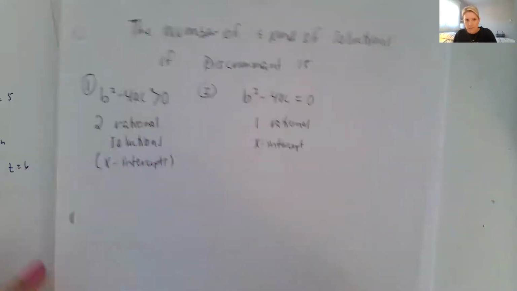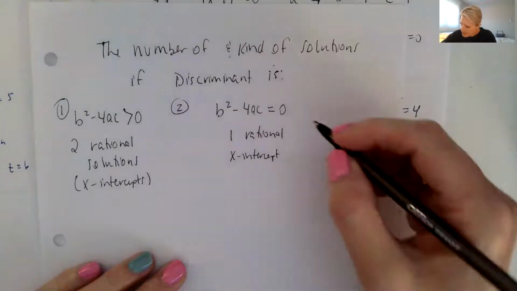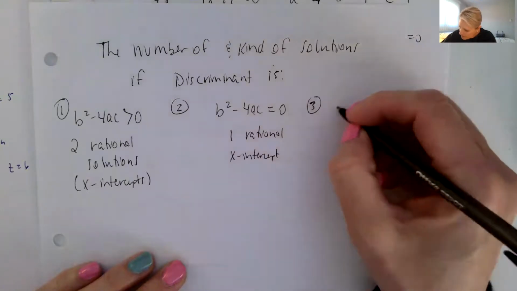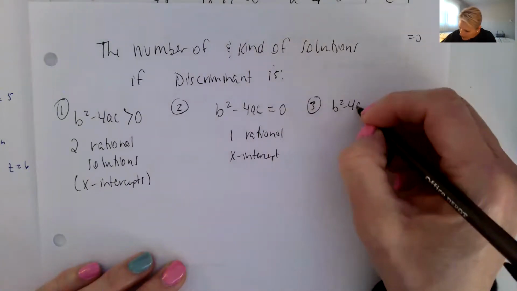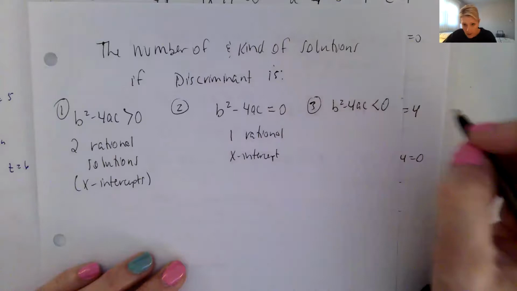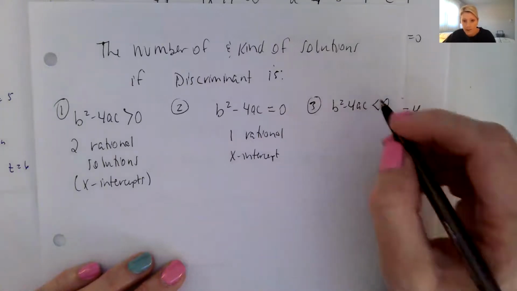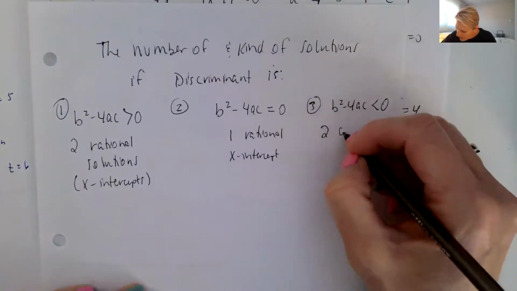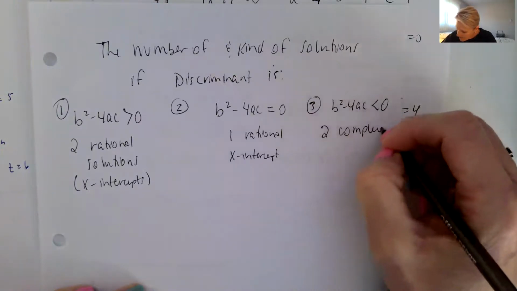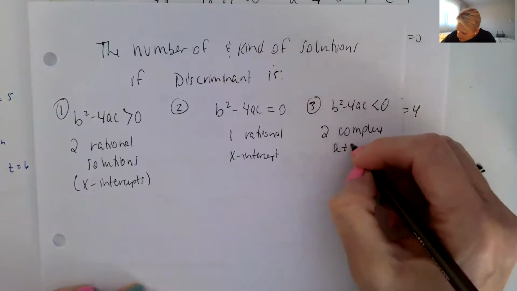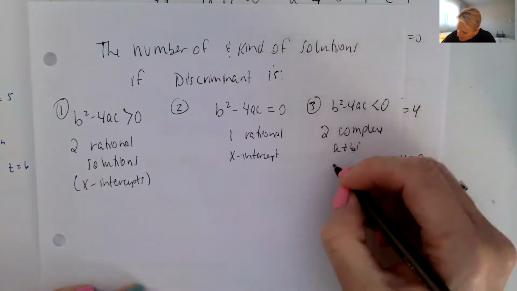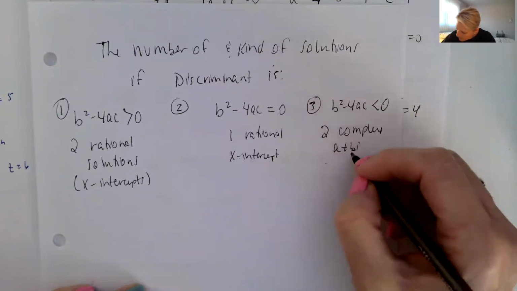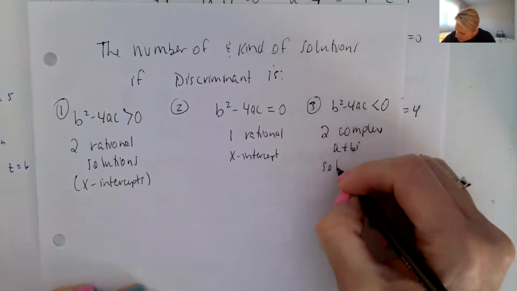Okay, back to our possibilities here. So the third possibility is when b squared minus 4ac is less than 0. Okay, that means what's under the square root is less than 0. Tells us that we're going to have two complex a plus bi solutions.